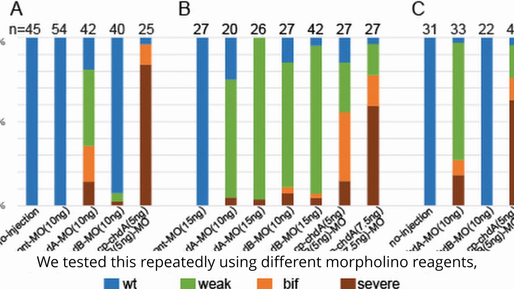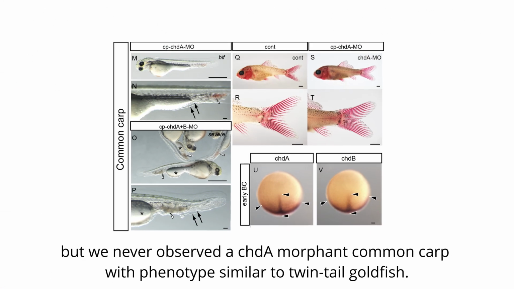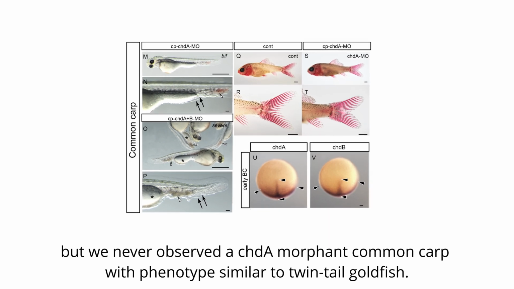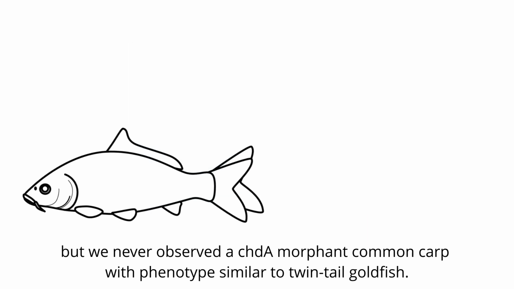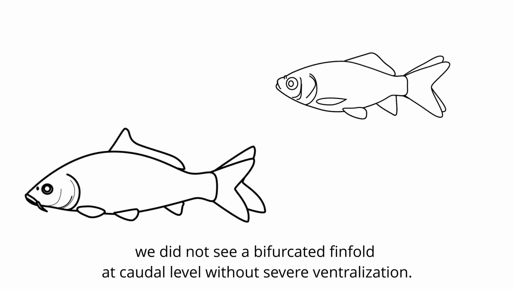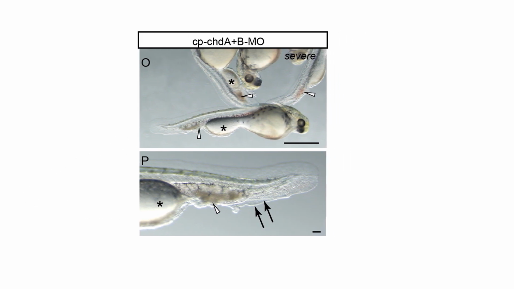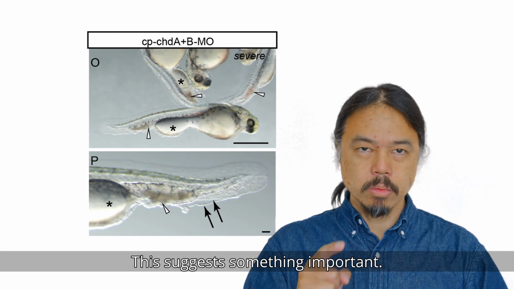We tested this repeatedly using different morpholino reagents, but we never observed a coding A morphant common carp with a phenotype similar to twin-tailed goldfish. In other words, we did not see a bifurcated fin fold at the caudal level without severe ventralization. This suggests something important.